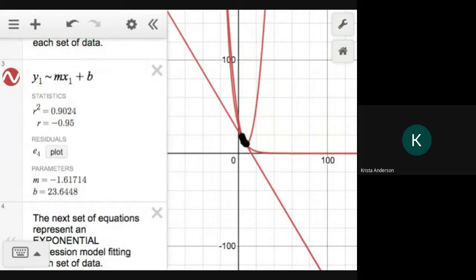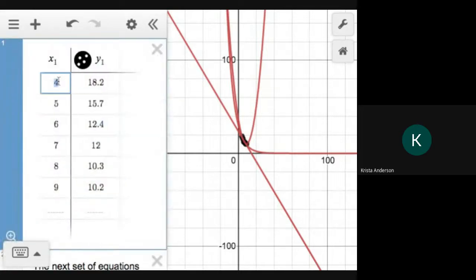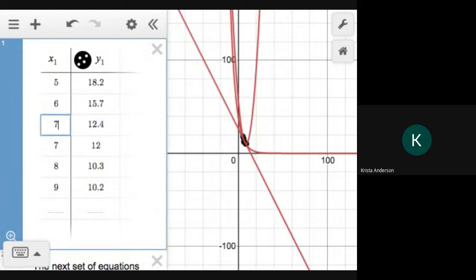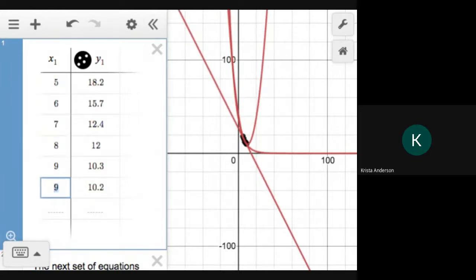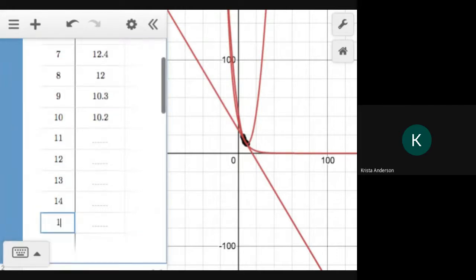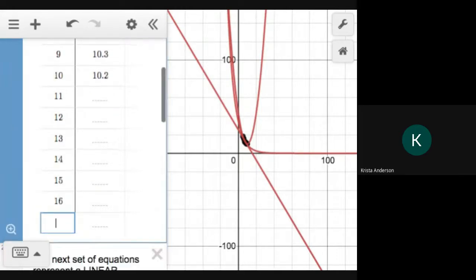Second table. Now that I have entered my data on here, I need to go back through and change it. When I move onto it, it highlights it. And I can place 5, 6, 7, 8, 9, 10, 11, 12, 13, 14, 15, 16, 17.